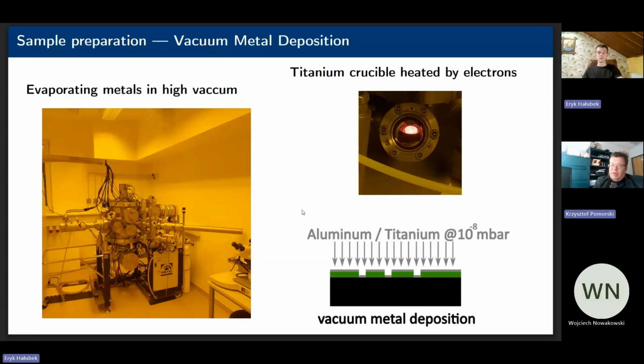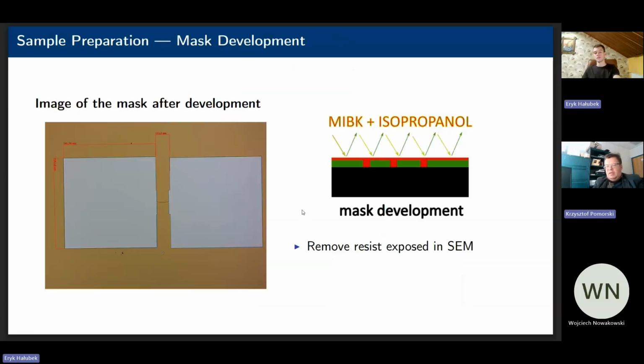Okay, can you just come back to the previous slide for a second? This abbreviation MIBK, can you explain? Yes, this stands for methyl isobutyl ketone. It's a name of a chemical compound. Which is the red one?